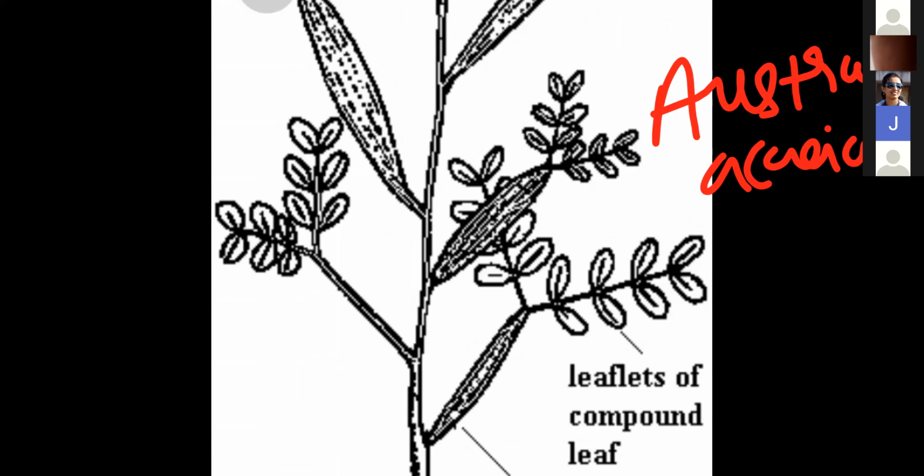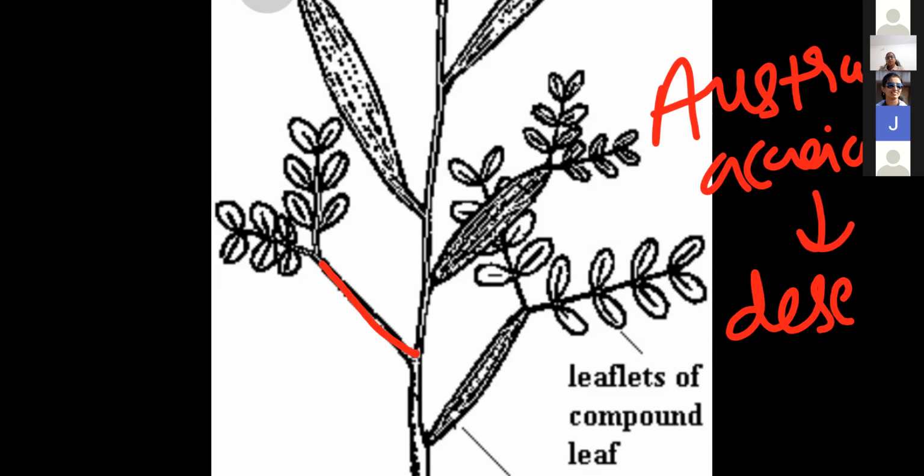The modified part is the petiole, the stalk of the leaf. This is a desert plant, and in desert plants the leaves are very small and very few.